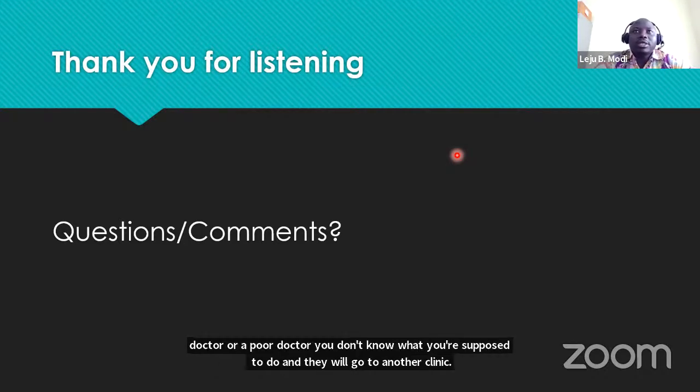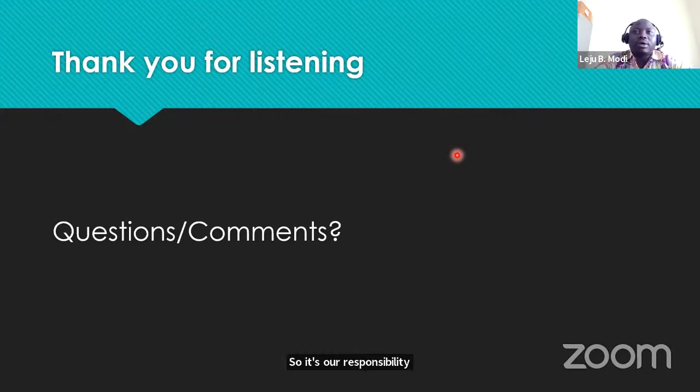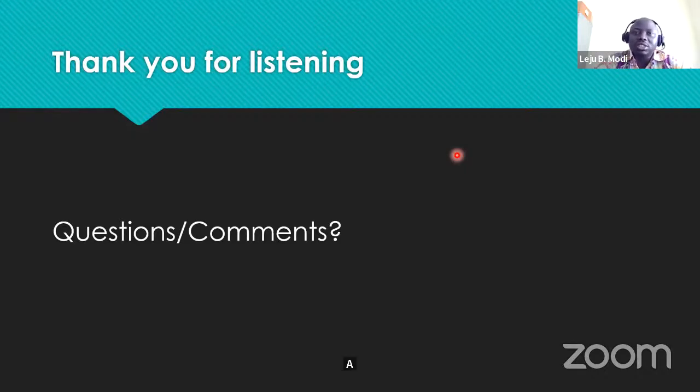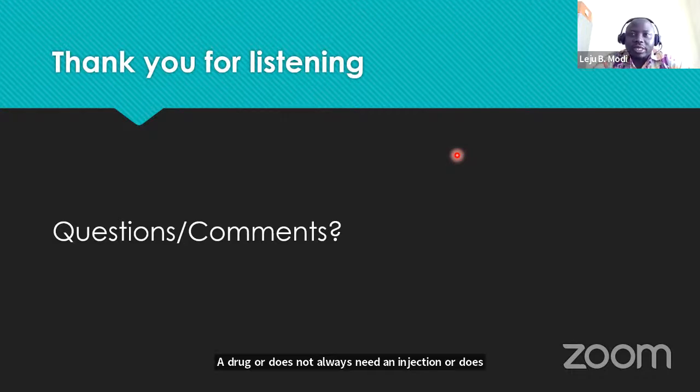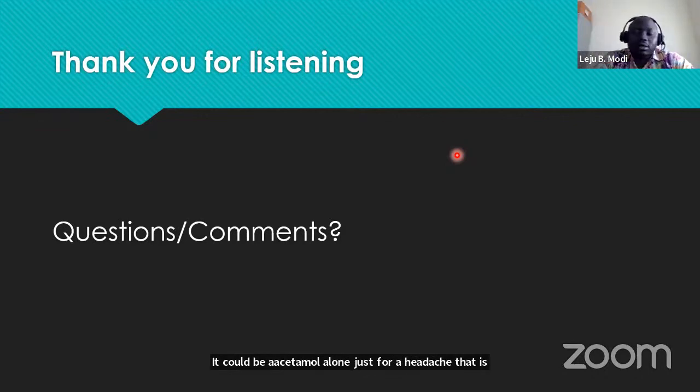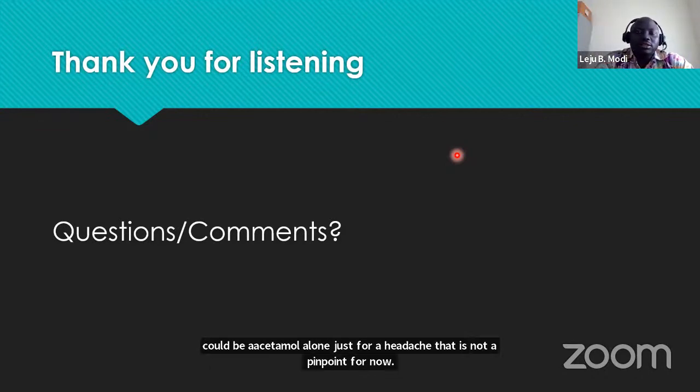So it's our responsibility to also health educate our patients to understand that recovering from any bad health does not necessarily always need a drug, or an injection, or an antibiotic for that matter. It could be paracetamol alone, just for a headache that is not pinpointed for now. It could be other things like stress, that might not need any serious medication.